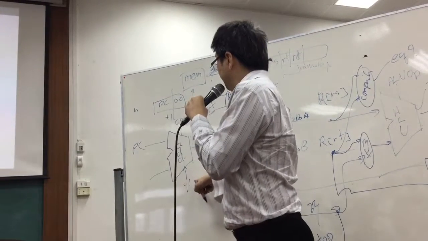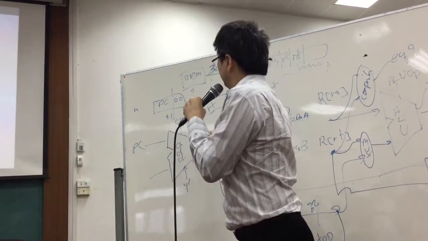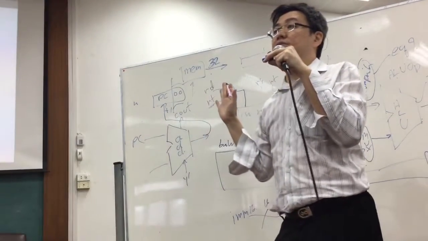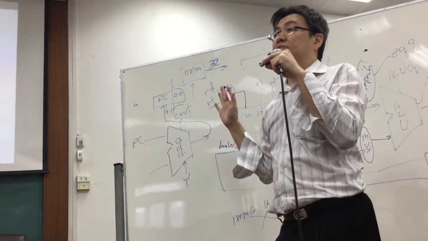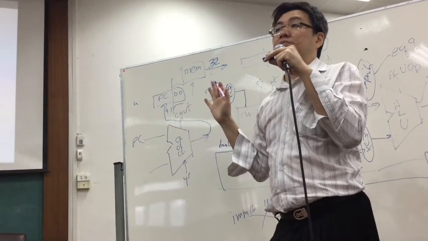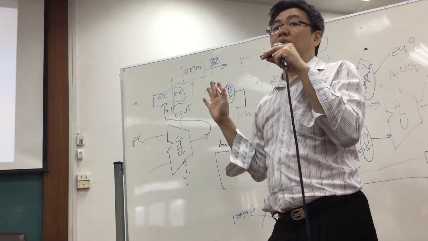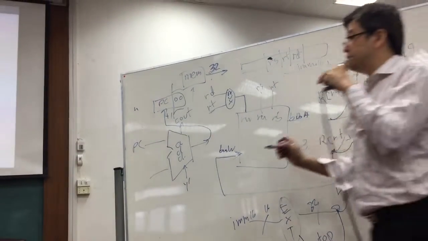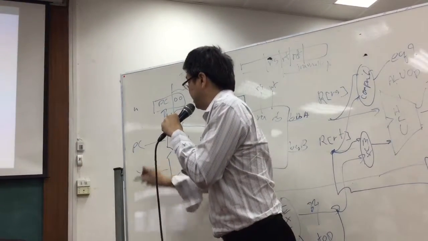That's going to equal PC plus 4, and leave the last 2 bits untouched. And when I want only PC plus 4, I just make sure that this is going to be 0.